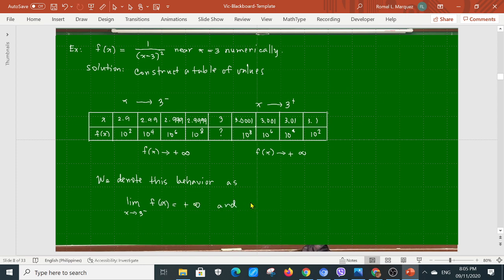And from the right, we still get the same: the limit of f of x is also positive infinity. Now we can collectively write, and this is equivalent, the limit as x approaches 3 of f of x is simply, in our summary, positive infinity.